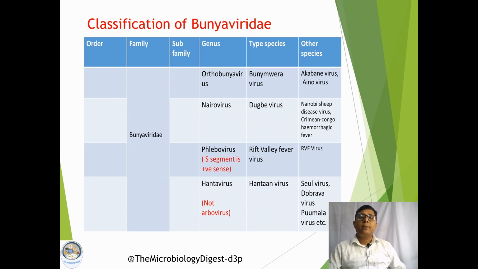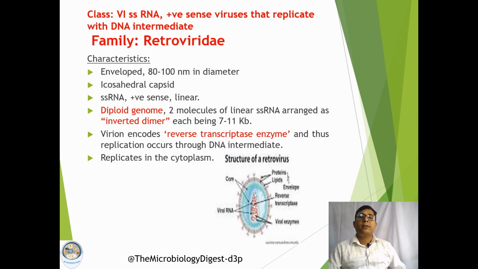Next, we will be discussing class 6 viruses, which include single-stranded positive sense RNA viruses, but they replicate through a DNA intermediate. The single family under this class is Retroviridae, and they are very unique viruses. They are enveloped, having an icosahedral capsid. The genome is single-stranded, positive sense, and linear.